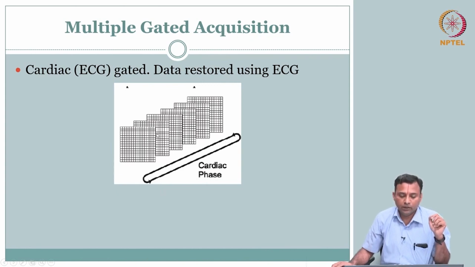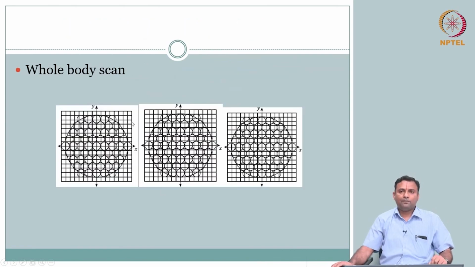Okay. So whole body scan is not that difficult. Essentially, you have one frame, register it, move to the next, register it, move to the next, so you juxtapose them so that you have the whole body. Of course, you can time this, because the radioactivity you put in is engineered to give radioactivity, so if you want to keep the count, you know when to start.